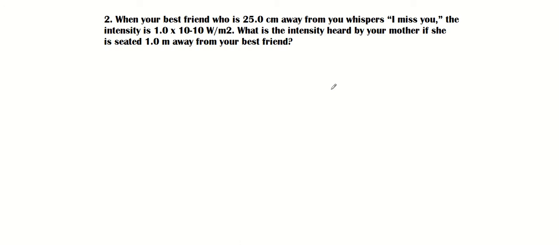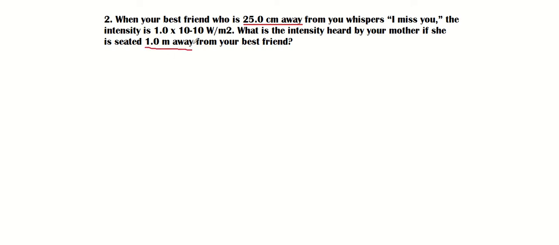So based dun sa isa, hanapin natin, wala tayong given na power ulit. So almost the same way ng pagsosolve. Yung best friend, 25 cm away daw siya. Ito yung distance. And then yung nanay mo is 1 meter away.